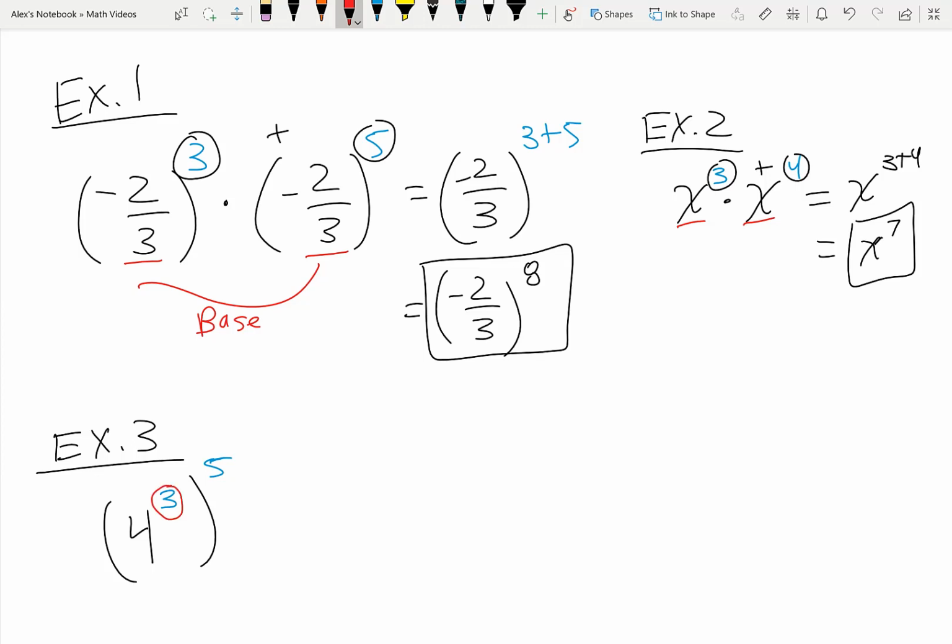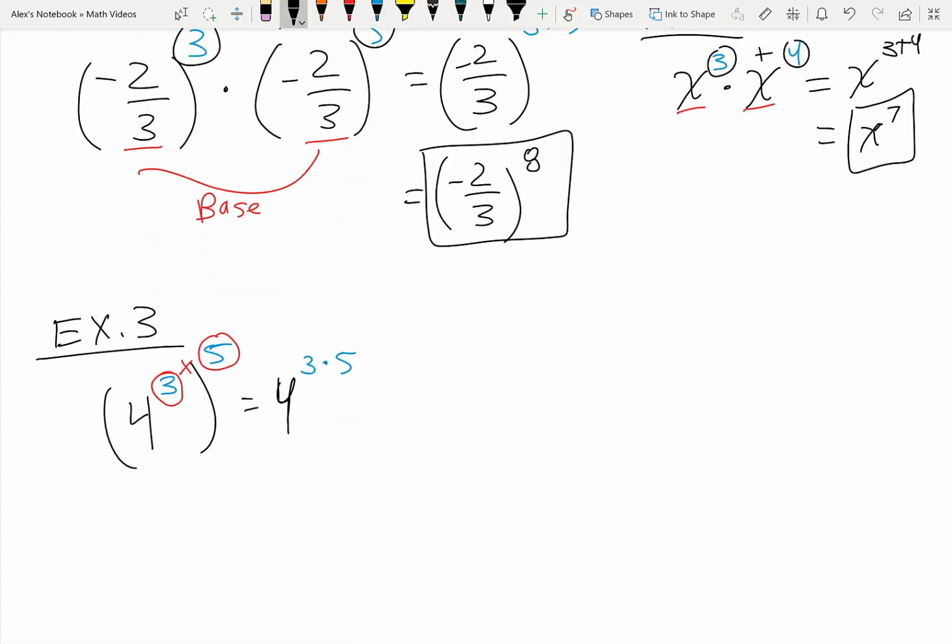If we have an exponent inside the parentheses and an exponent outside, we can simply multiply them. So let's take the base 4, leave it like that, and multiply the exponents. So we got 3 times 5, which is 15. So we got 4 to the 15th power. That's it for that one.